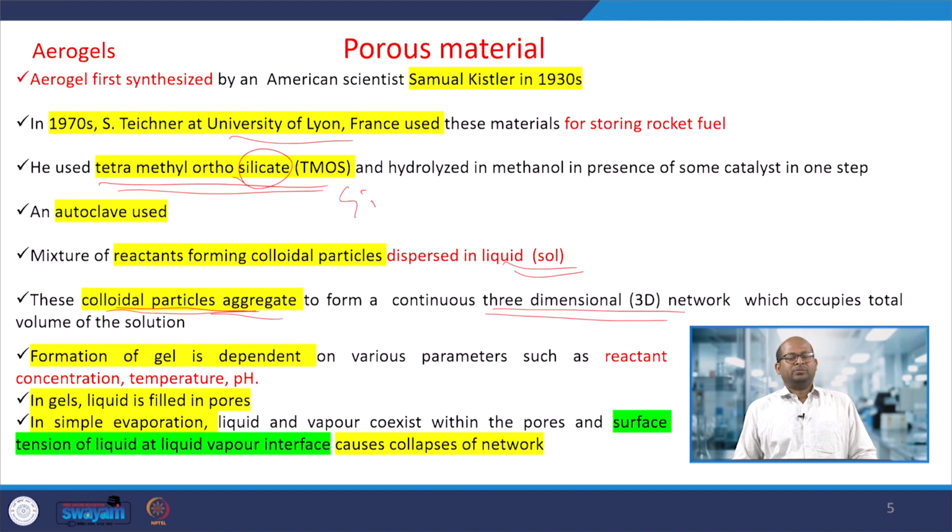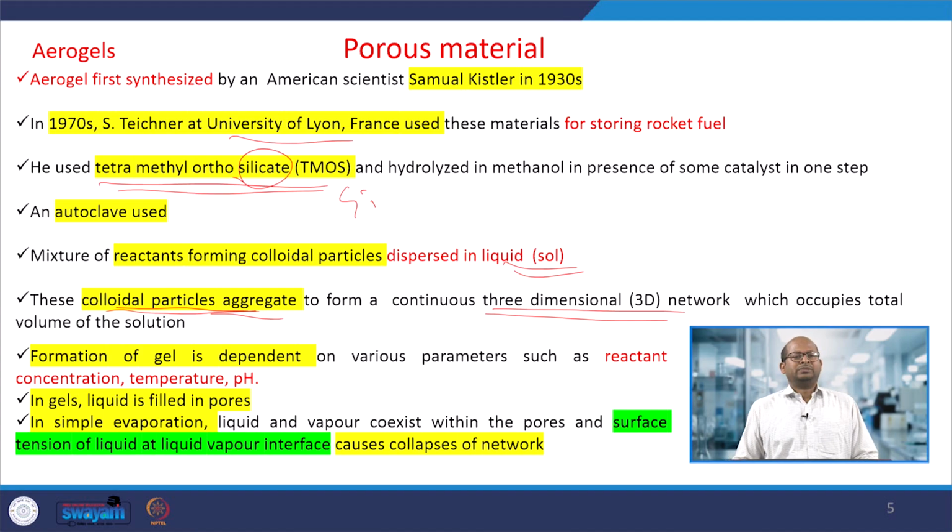When these gel or solution formations occur, we have to take the precursors. Then we can control the concentrations of the reactants, temperature, pH and other parameters, and depending upon that, different types of gel and aerogel formation are possible, and the structures will be different.